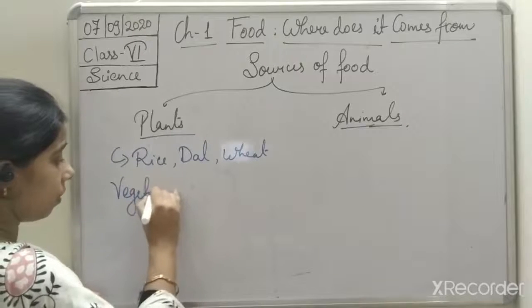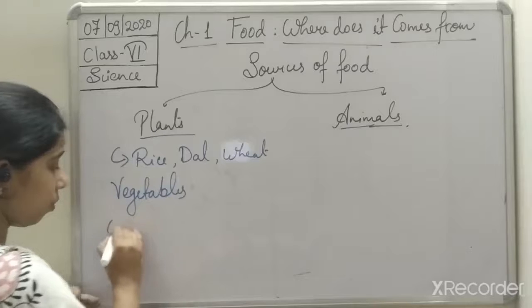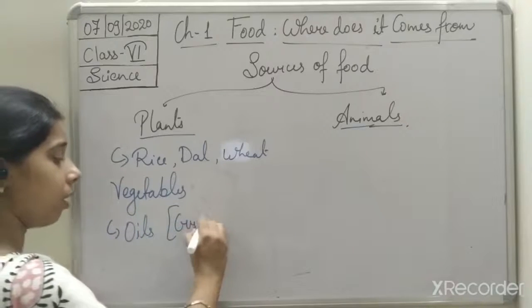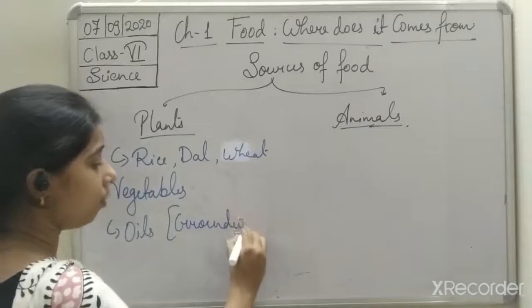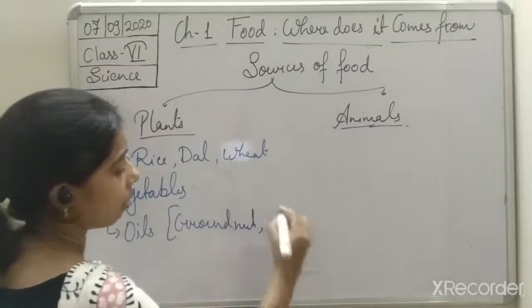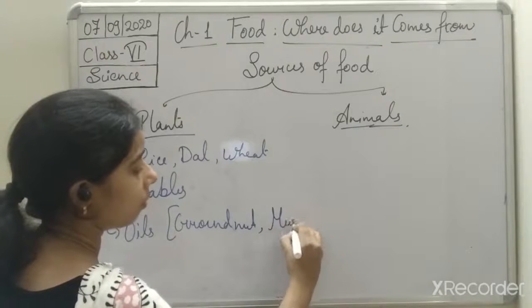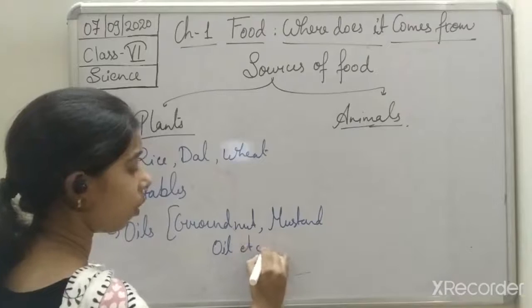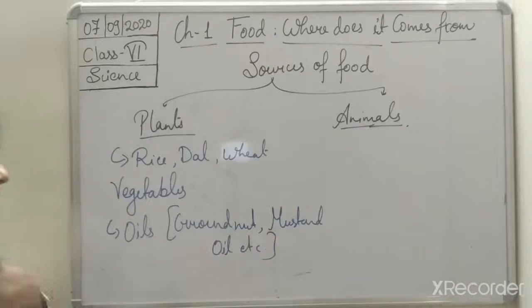or vegetables. Not only this, oils include everything, like groundnut oil, mustard oil, olive oil, different kinds of oil.